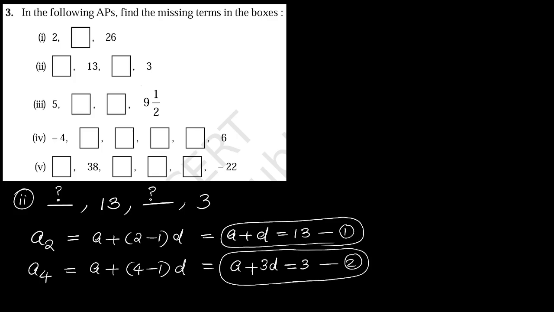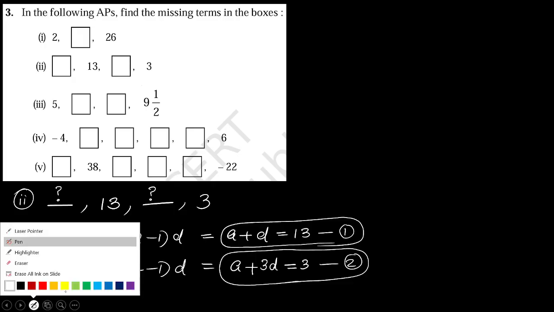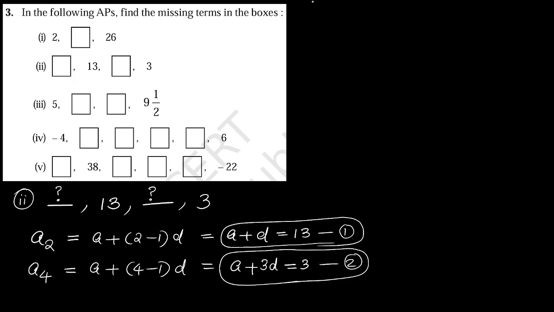In the third chapter, you studied how to solve two equations containing two unknowns. A and D are the unknowns. How will you solve for A and D? By the elimination method.